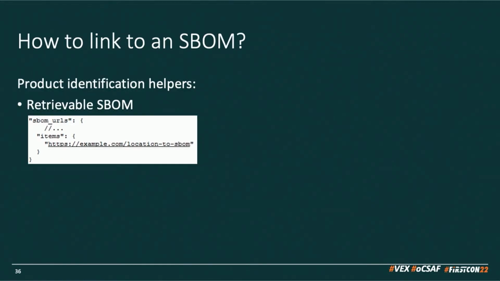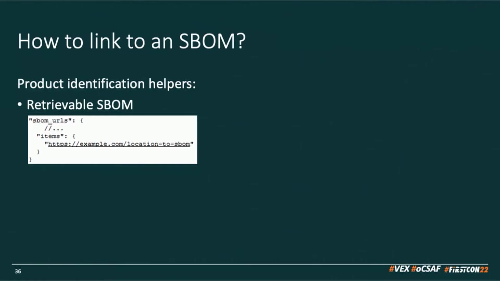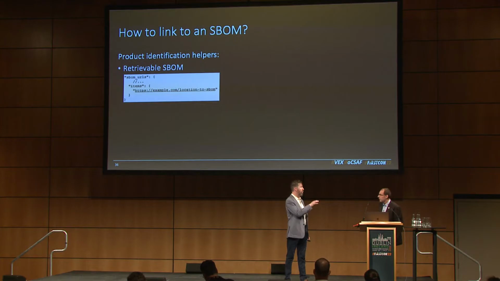If we want to link that to an SBOM, and of course we want to link it to an SBOM, there's something called a product identification helper. That really helps you to link that and do the matching to your SBOM database, your asset database, whatever you have connected to that. What if I'm good enough with SBOMs that I actually want to know what the vulnerable part of the SBOM might be? That's also possible.